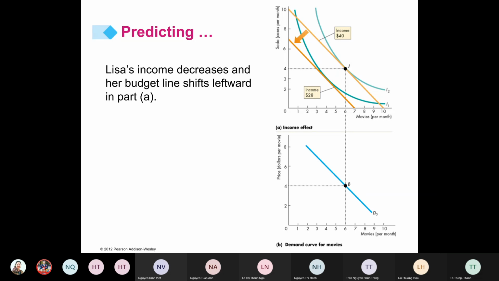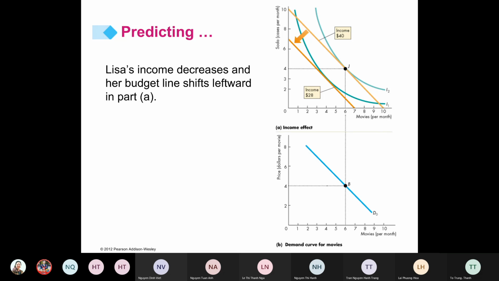Let's say the budget decreases and the new budget line is at income of $28, which is parallel and inside the original budget line. So what should be the best consumption for Lisa at the new budget line?